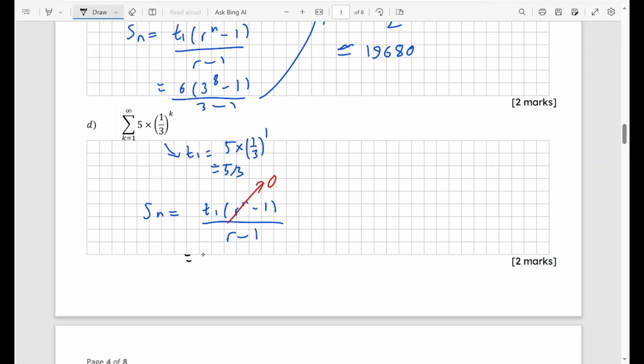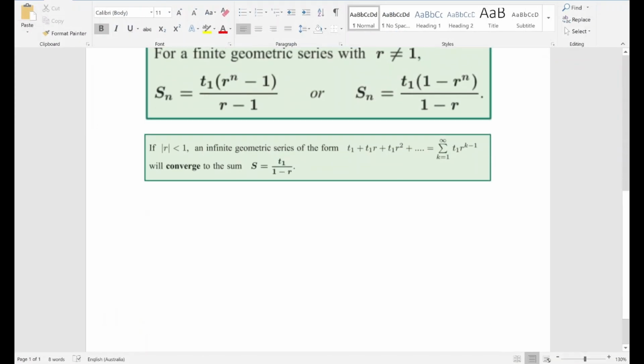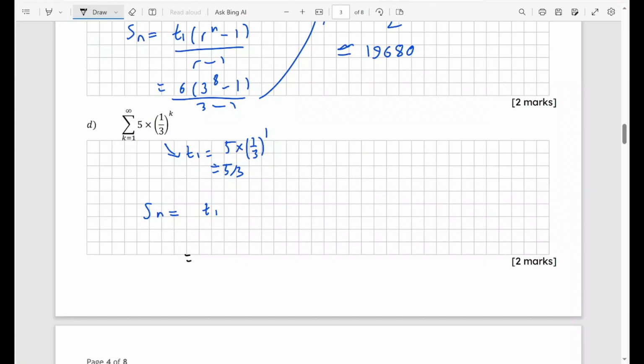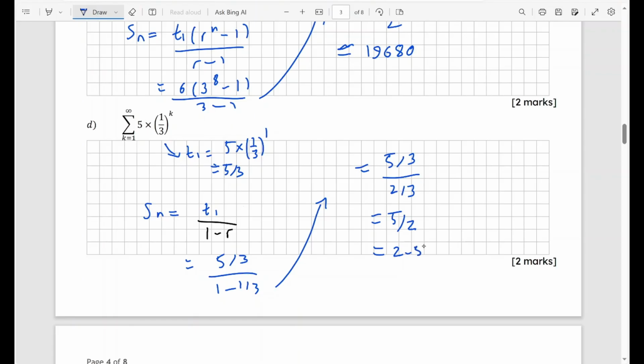So a probably better equation that I could have used is sort of the other way around for it. Or I can just literally use the infinite series equation, which is probably going to be easier, T1 over 1 take r. But if you use the finite series equation and just work with it, it falls out as well. So T1 is 5/3 over 1 take a third. So this is 5/3 over 2/3, which I think just gives you 5 over 2, which is 2.5.